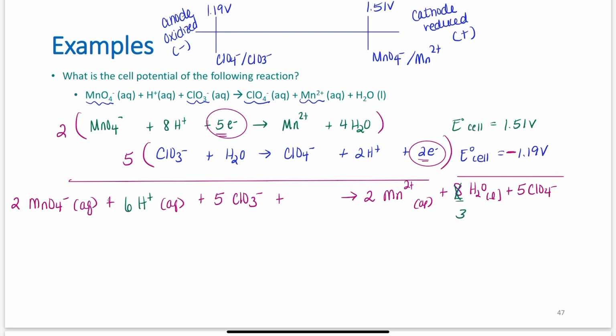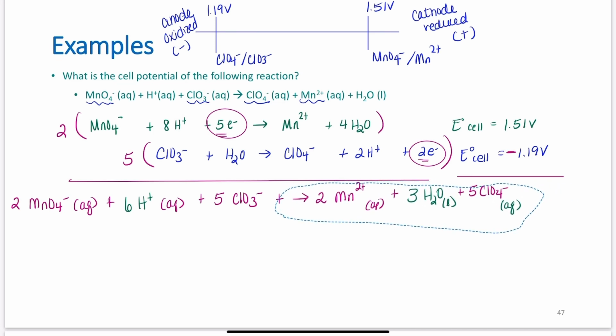So the 5 here, and 3 H2O liquid here. That is aqueous phase. So you do have to look and make sure that you're canceling those out as well, okay?